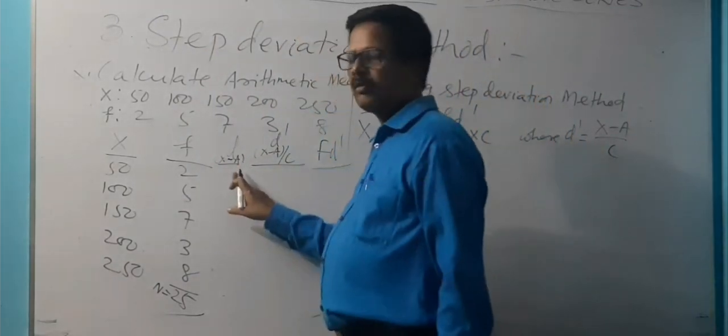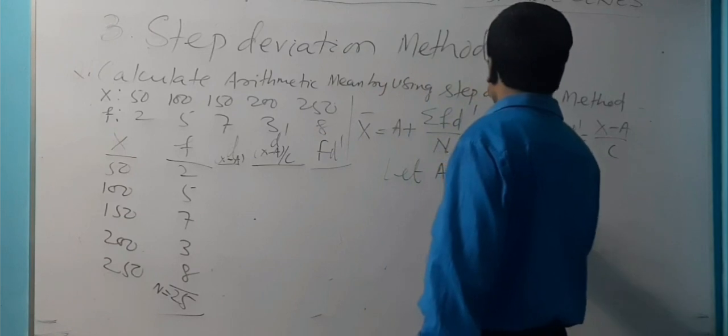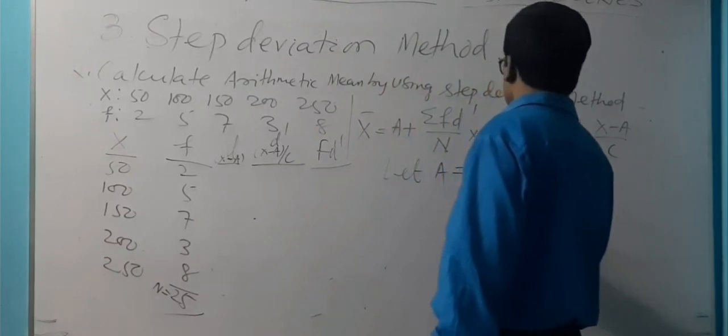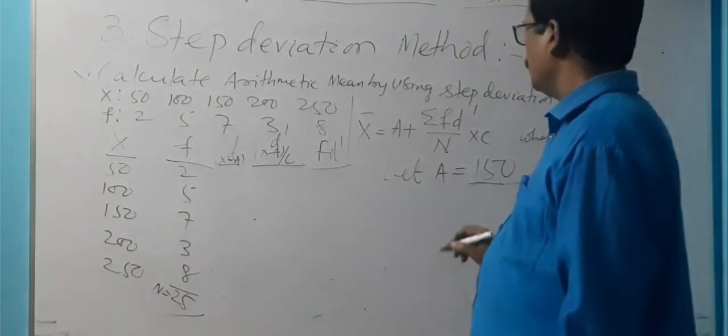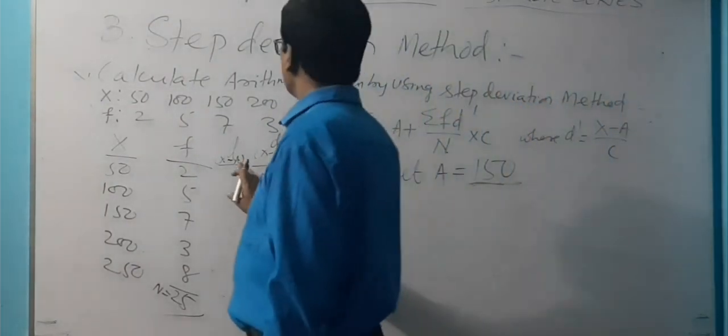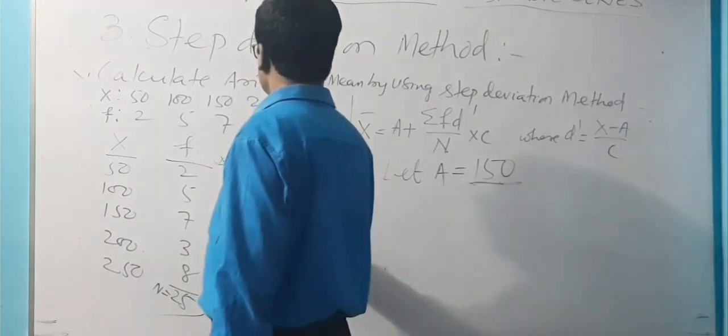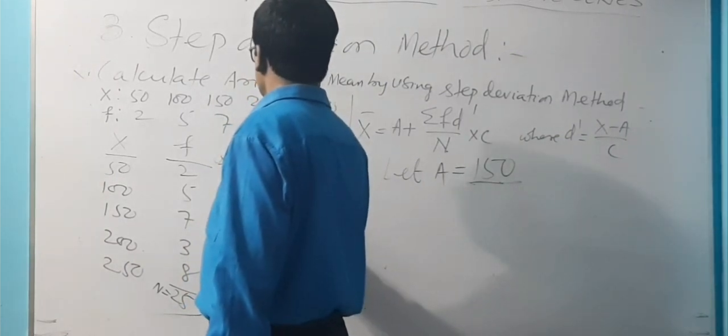Let a is equal to 150. So write 150 instead of a. X minus 150.